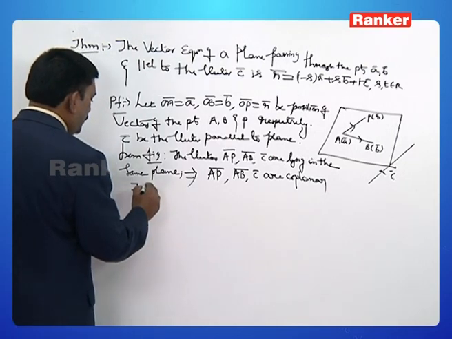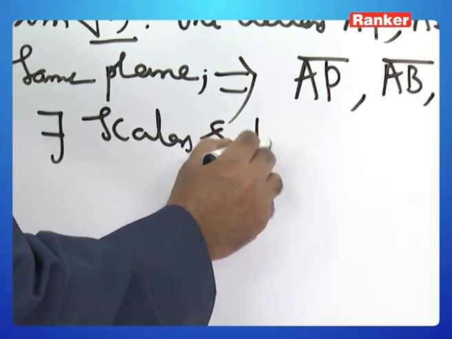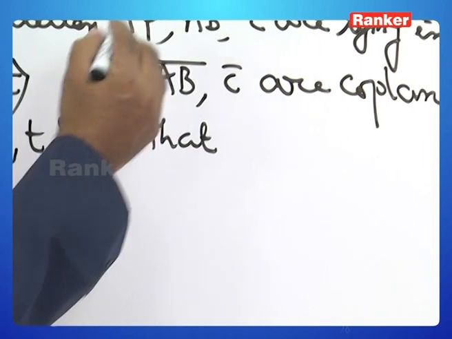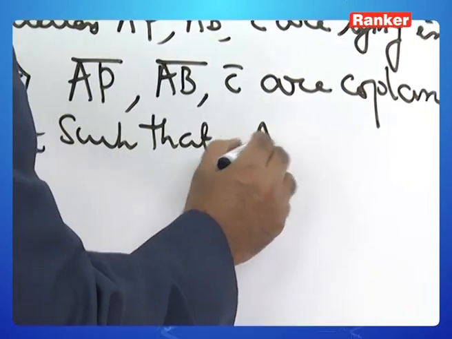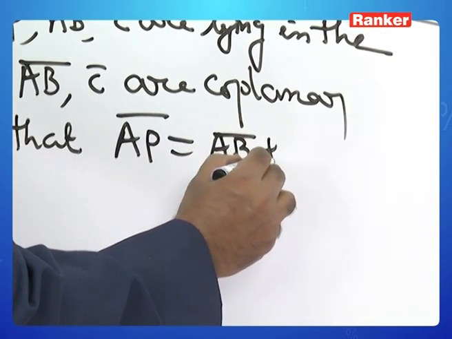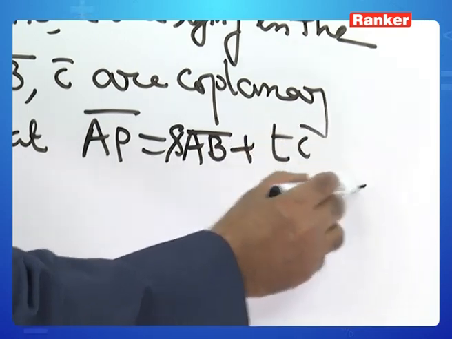There exist scalars S, T such that one vector can be expressed as a linear combination: S into AB bar, T into C bar.